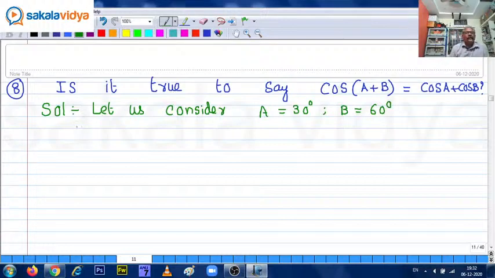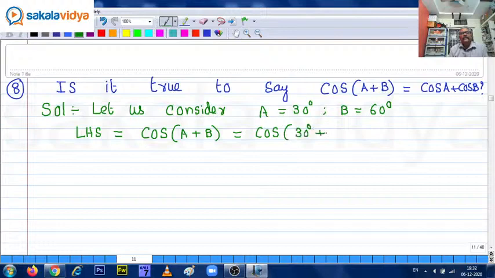Now the left hand side, cos of a plus b. So this is cos of 30 degrees plus 60, cos 90. Obviously cos 90 is 0, sin 90 is 1.